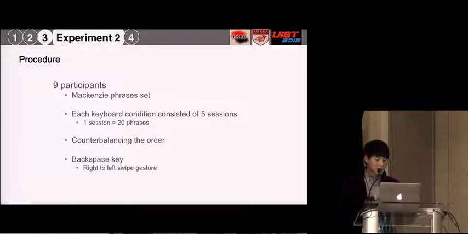Also, the order in which the keyboards were used was counterbalanced. We replaced the backspace key with a right to left swipe gesture with all fingers of the right hand except the thumb. It is because supporting a backspace key might cause the posture of the right hand to be lost.